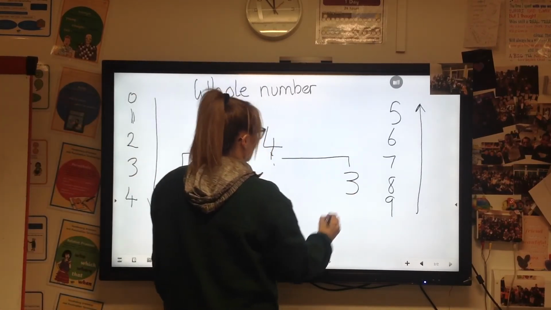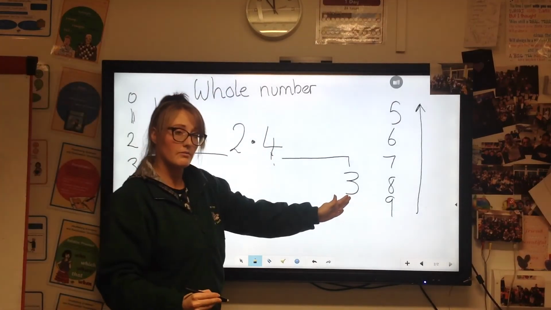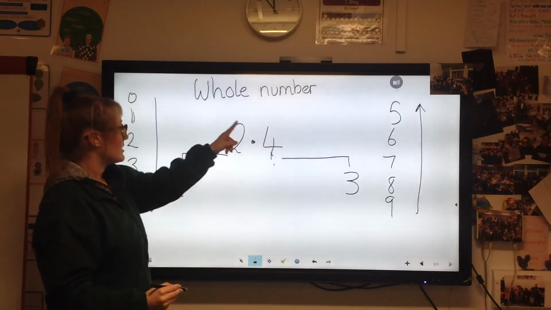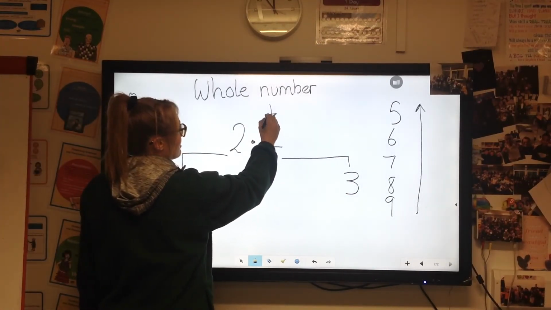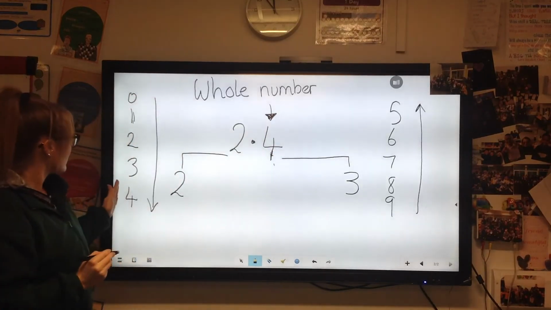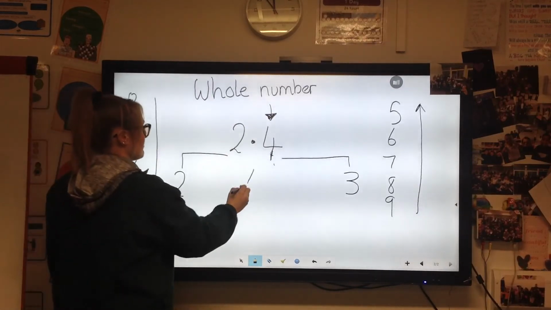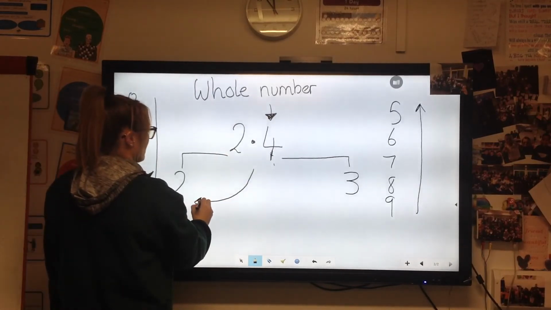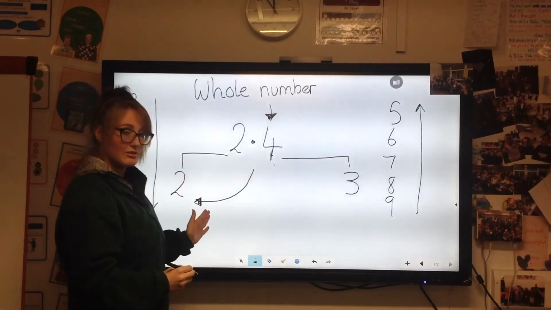So we are either rounding to this whole number or to this whole number. Okay? So looking at this column then, our tenths column is going to help us today. We should be thinking, right, 4, if I look on this side, it is not high 5, so we are going to round down to 2. So 2.4 rounded to the nearest whole number is 2.